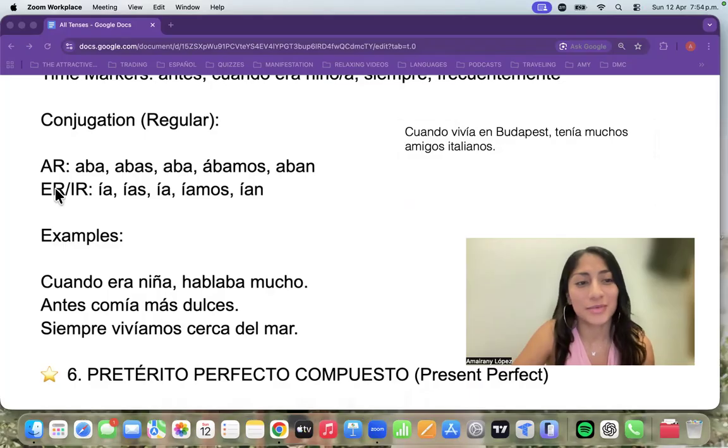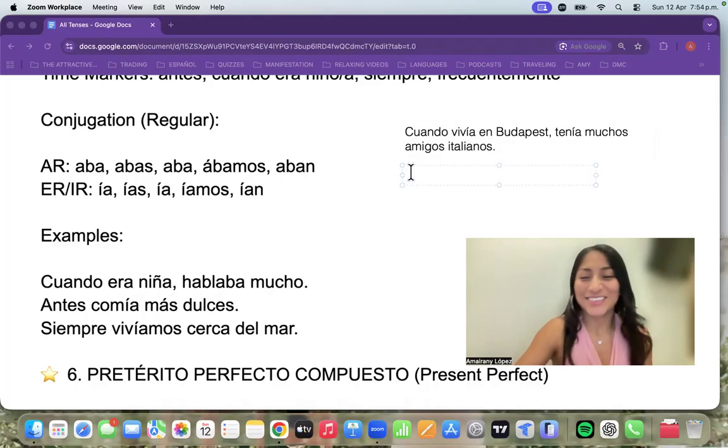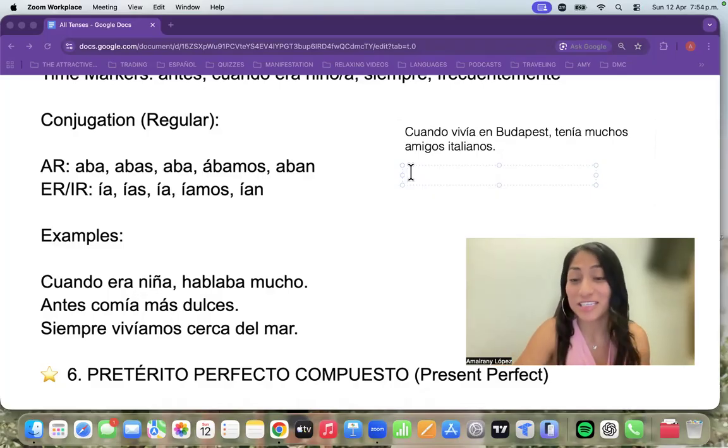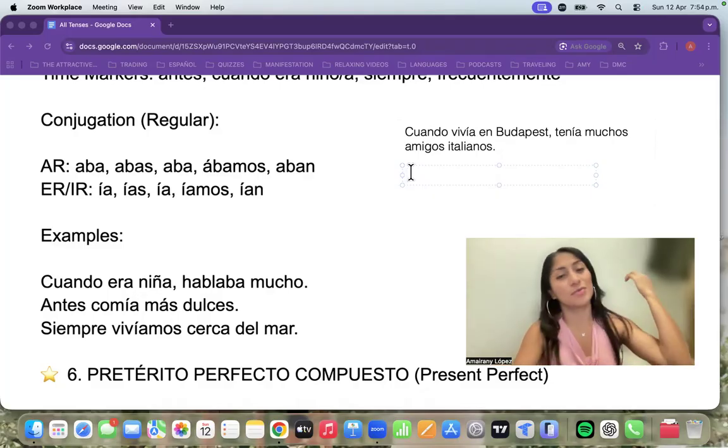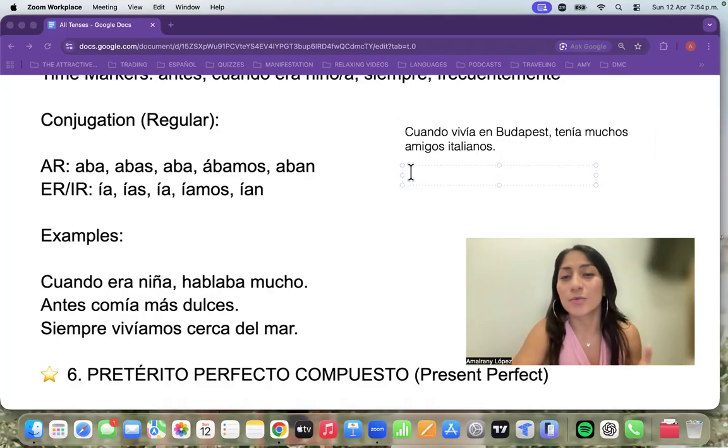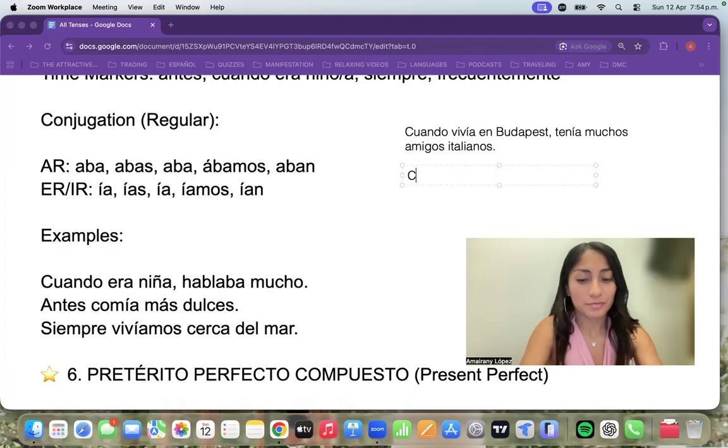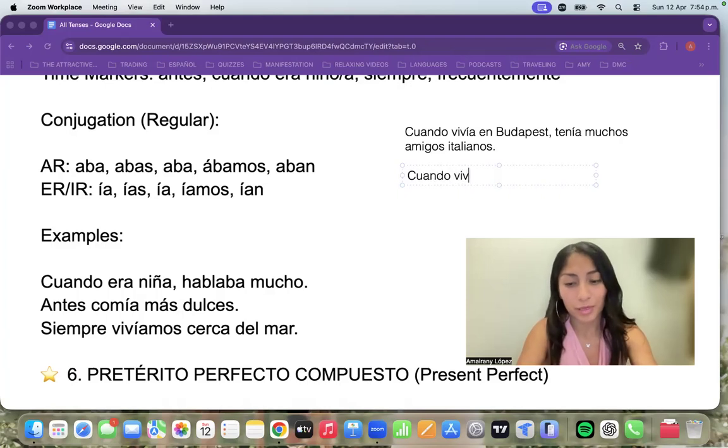And now I have a little bit of an awkward confession to make. So I'm gonna talk about those reflexive verbs again. We can use it with this as well, as long as we are adding the respective pronoun. So again, if it's about myself, I'm gonna use me. So for example, cuando vivía en, say, Praga, it was so cold in there.